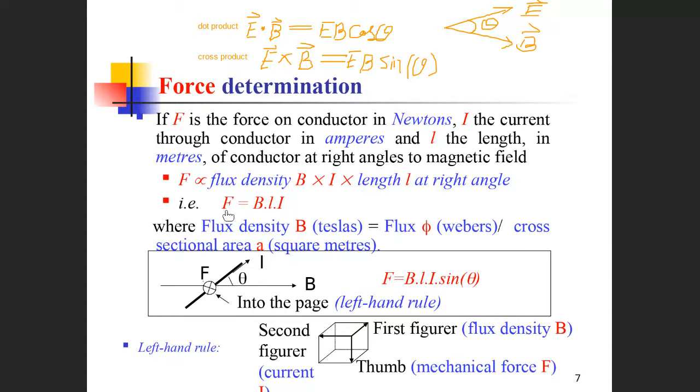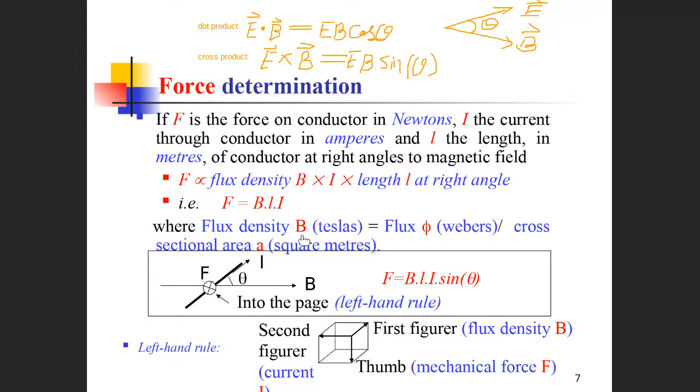So if the current crosses the magnetic field, the force will be the product of B, the length, and the current I. The longer the conductor, the bigger the force. This is easy to understand.